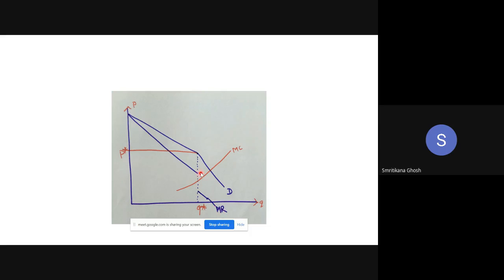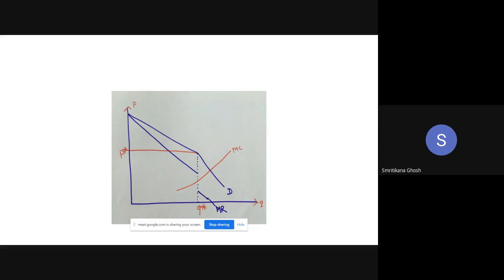Okay, so the MC, that is the marginal cost, there is no such constraint on the marginal cost. If the marginal cost curve is going through this discontinuous part of the MR, then you will get the sticky price.